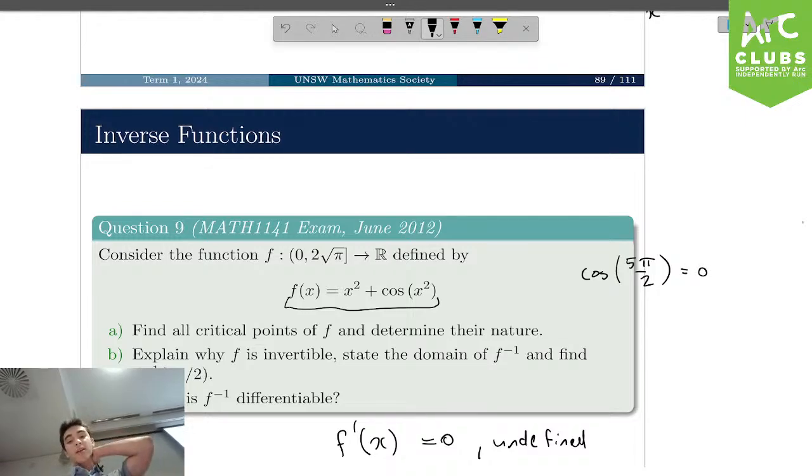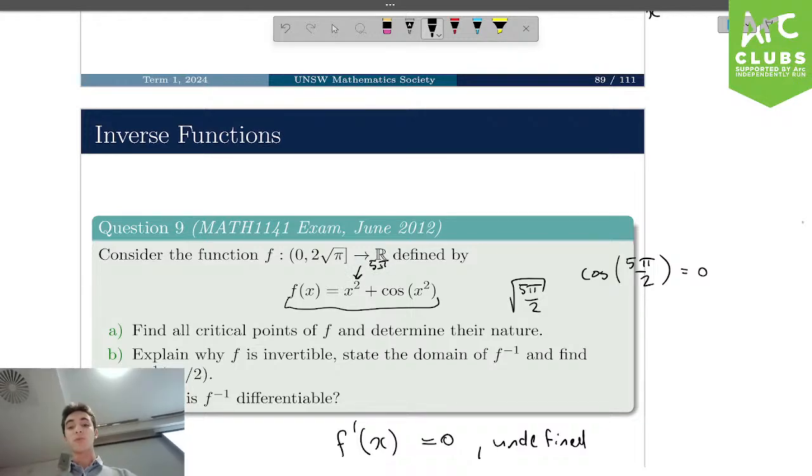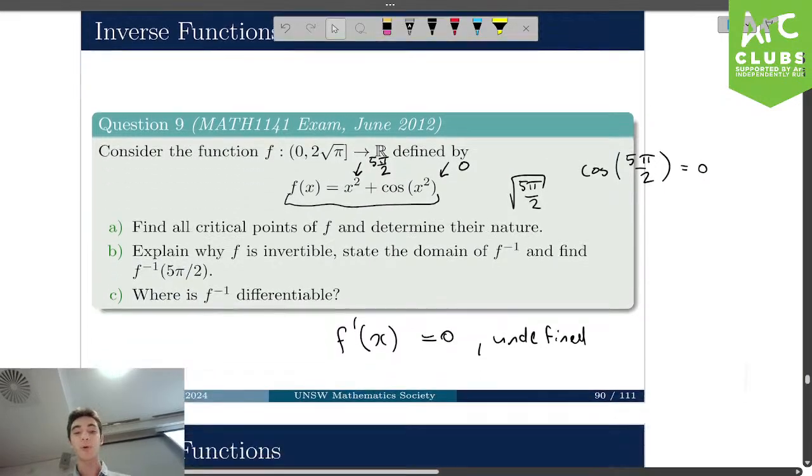If we put root 5 pi on 2 into our function, this part will square that value and we will just get 5 pi on 2, and this part would just go to 0, because you would get cosine of 5 pi on 2, which becomes 0. So you're adding 5 pi on 2 plus 0, and that's exactly what we want, right?